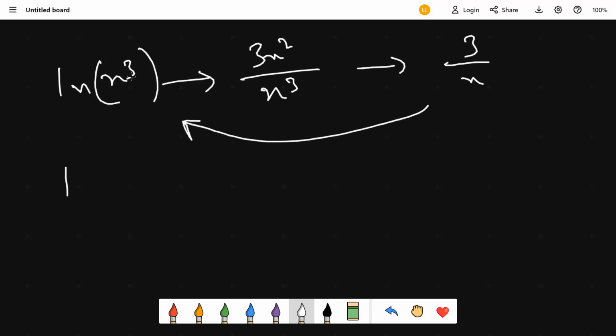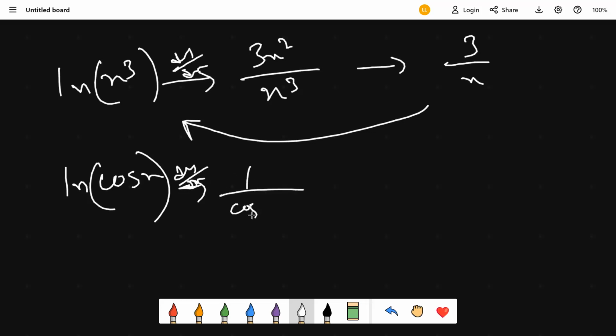instead of x cube, let's say we have cos x inside. Then what should have happened? Whatever was inside should come in the bottom. So it's simply dy by dx. Dy by dx here gives us what? We bring whatever is inside towards the denominator, and multiply it with the differentiated value of whatever was inside.